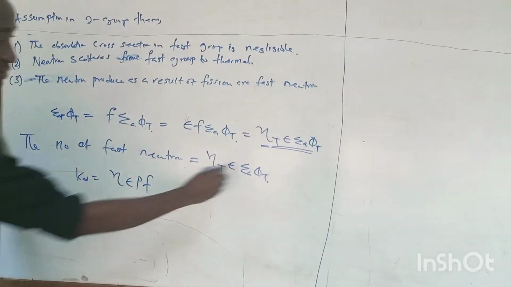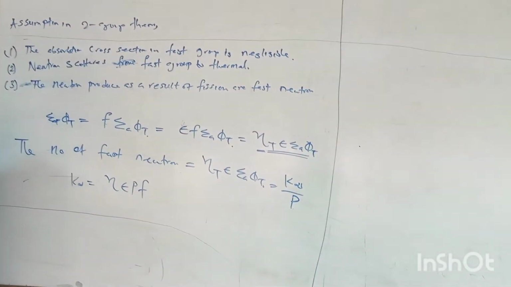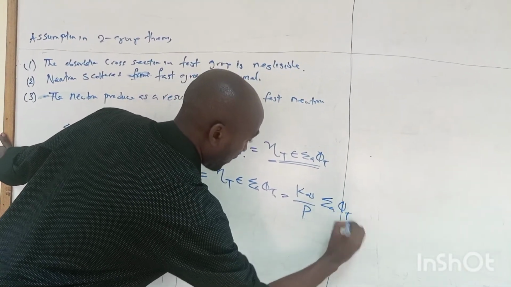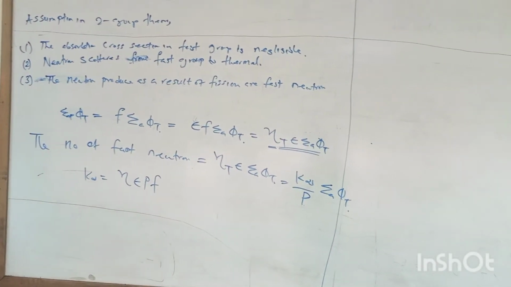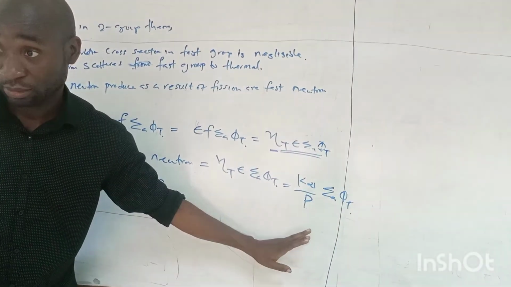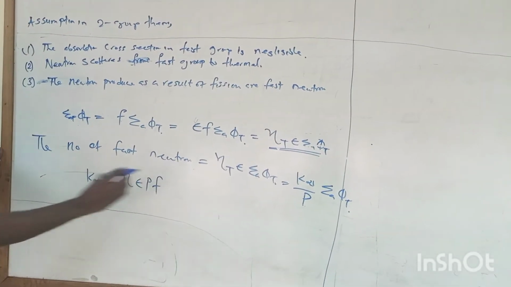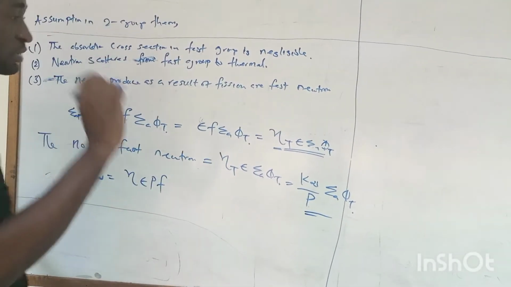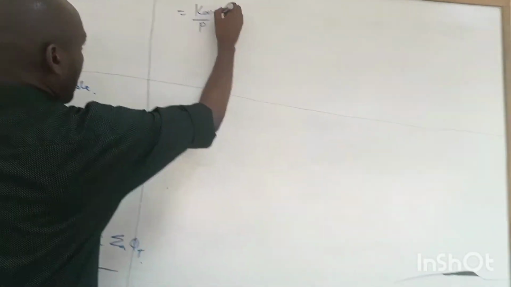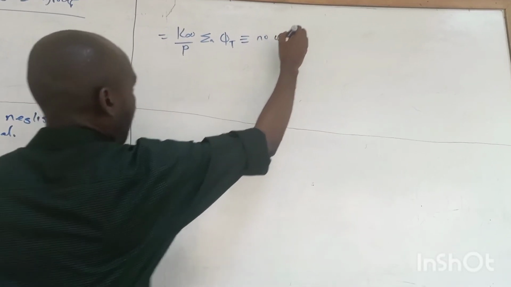So we can write this as K infinity over the resonance escape probability p, times Σa φT. So the number of fast neutrons is K infinity over p times Σa φT.